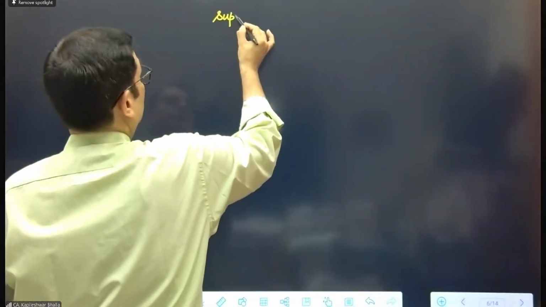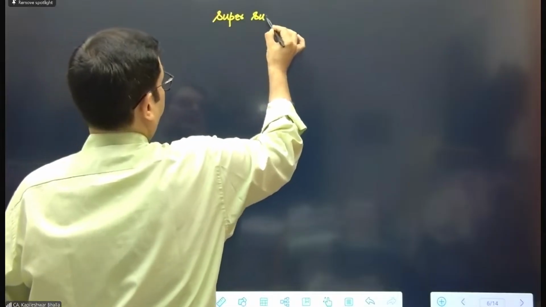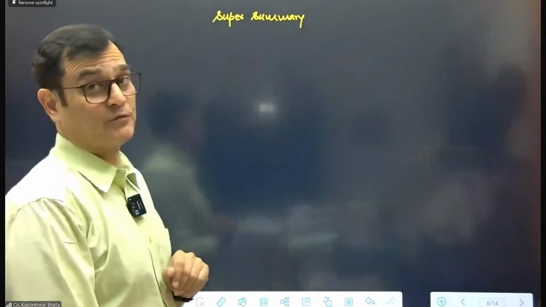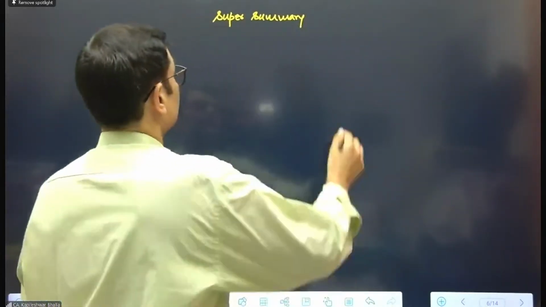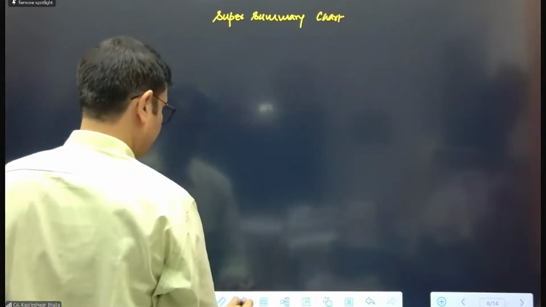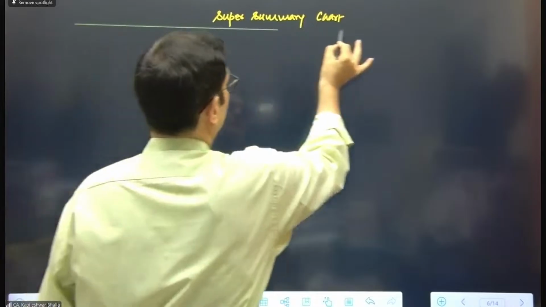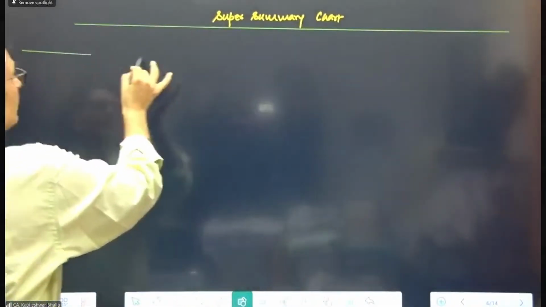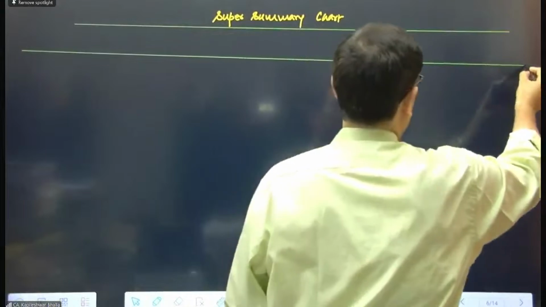I am creating a super summary chart. I'm not calling it a summary chart because I've already created those summary charts for individual elements. I'm now creating a super summary chart which will connect all the dots. So I am dividing my chart in terms of various columns.